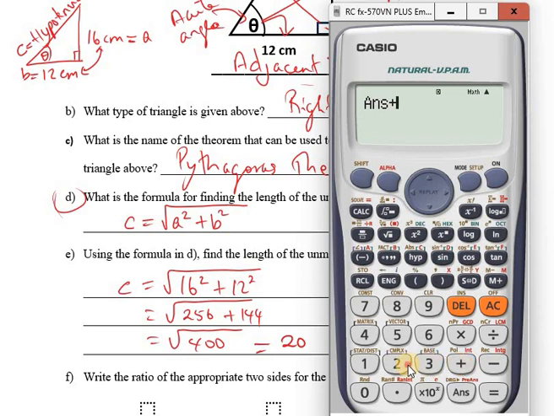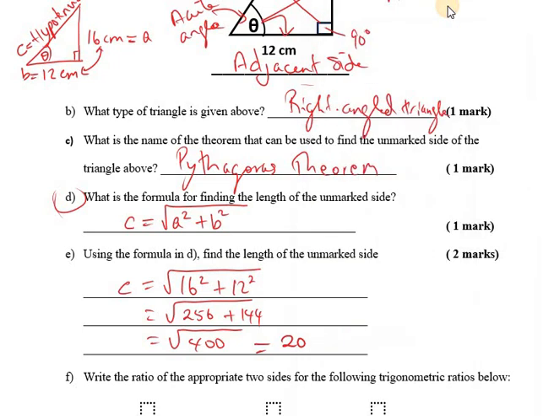So 256 plus the 144 is going to be 400. You can press square root of the answer, the last answer stored in your calculator, which was 400. You press this answer key here, and you're going to get 20. If you don't want to do that, you can just put square root of 400. Get 20. All right, so that's that.